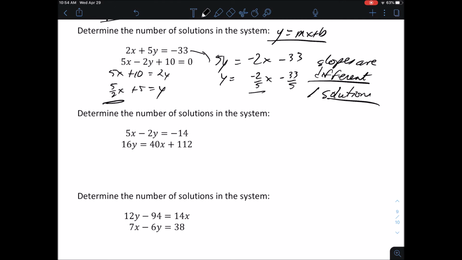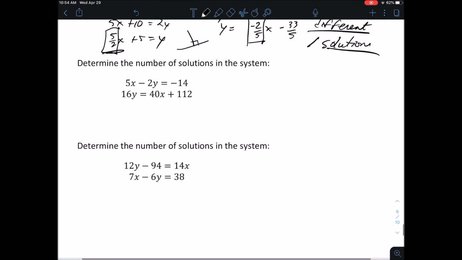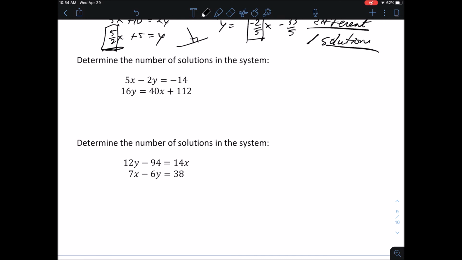And the moment I see that, I don't care about anything else. So there will be one solution. And maybe some of the clever students also notice that these lines are perpendicular. Negative 2/5 and 5 over 2 are negative reciprocals. So when they cross, they'll make a 90-degree angle.